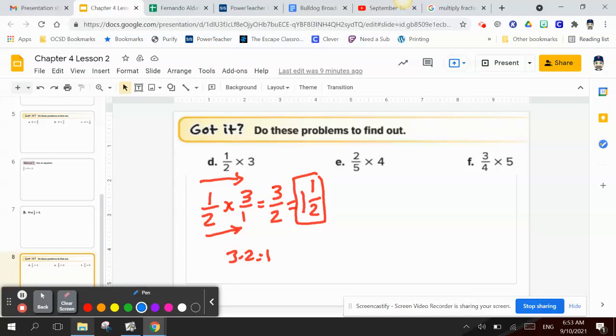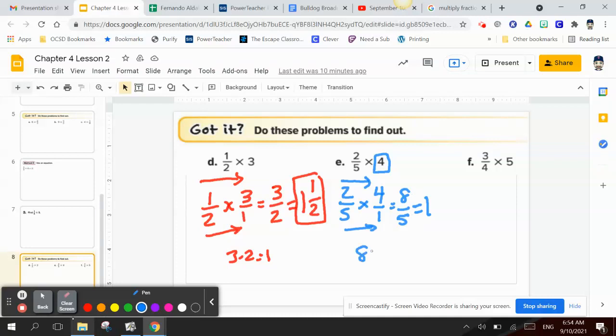For letter E, 2/5 times 4. Again, 2/5 times 4 as a fraction is 4 over 1. 2 times 4 is 8. 5 times 1 is 5. 5 goes into 8 one time. 5 times 1 is 5.